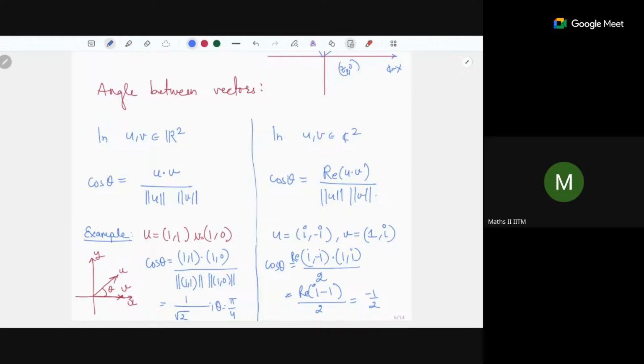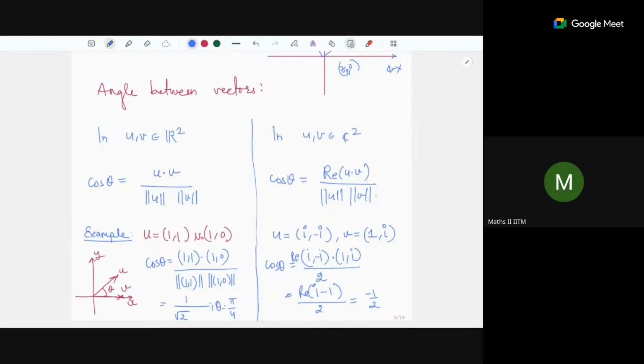Now, what is this angle for which cos theta is equal to minus half? It is like 180 minus 60 degrees, that is pi minus pi by 3. Pi minus pi by 6 would be 5 pi by 6.